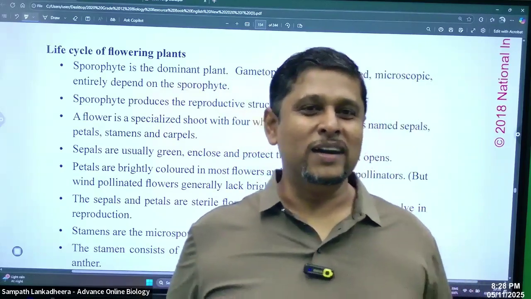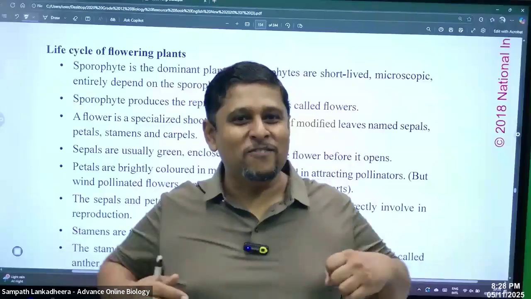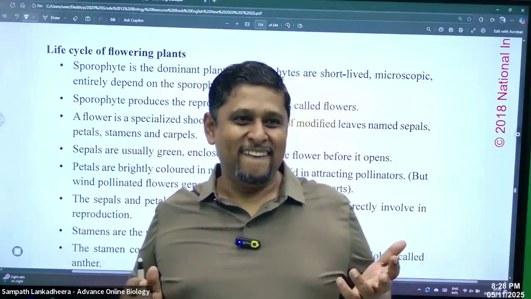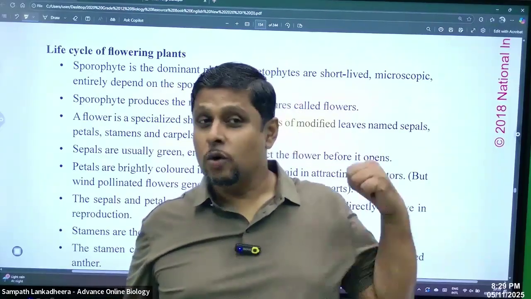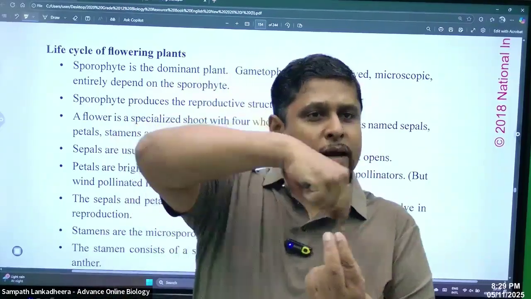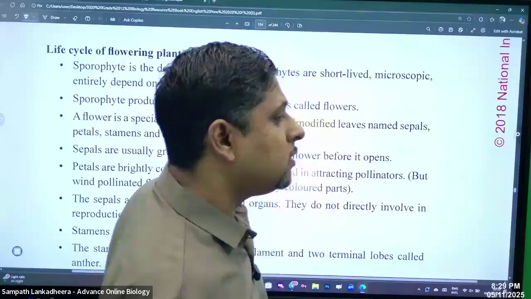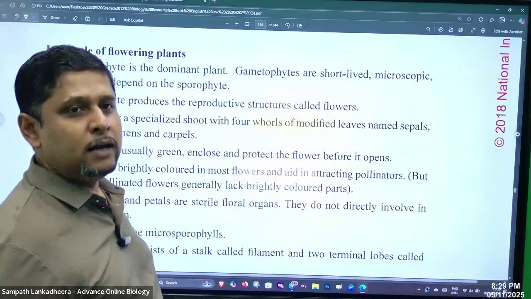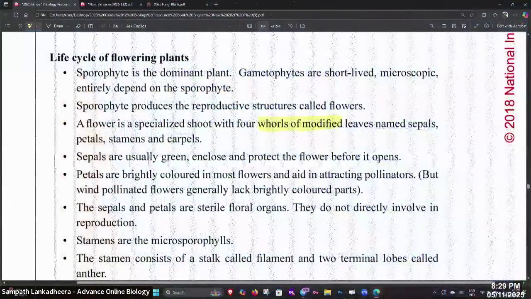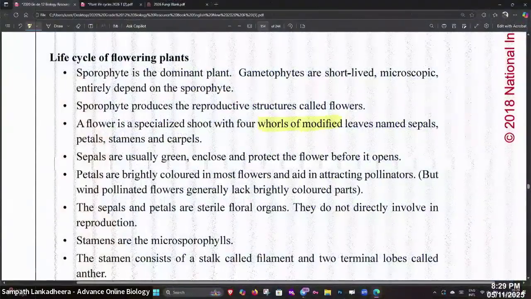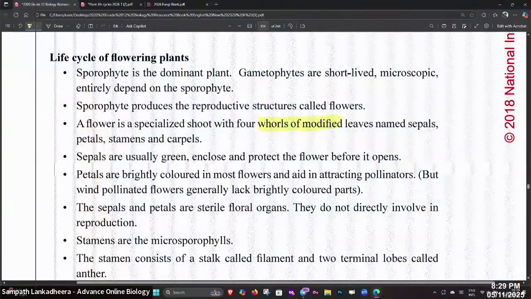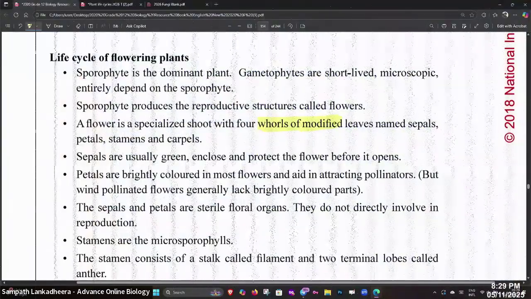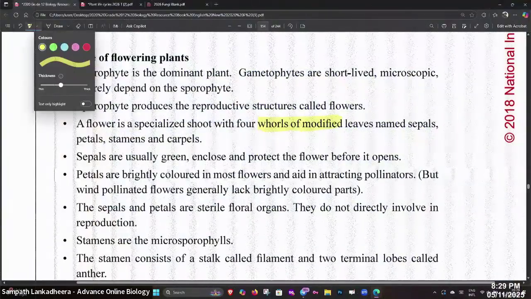Fish have fins, right? These are whorls. Whorls means rings, rings of modified leaves, named sepals, petals, stamens, and carpels. Whorls of leaves are present.